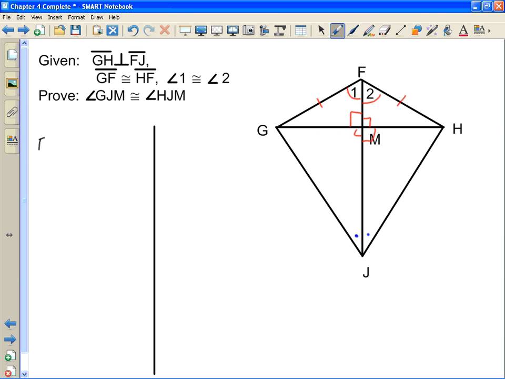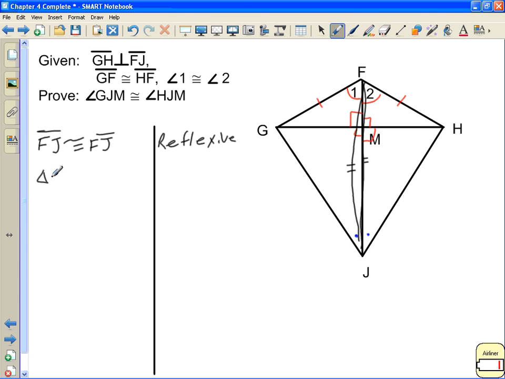So I'm going to say that FJ is congruent to FJ by the reflexive property. Okay, so I've got this whole thing congruent to itself. Okay, that's congruent to this one over here. Same one. So on my left triangle, I've got side, angle, side, and side, angle, side on my other triangle.